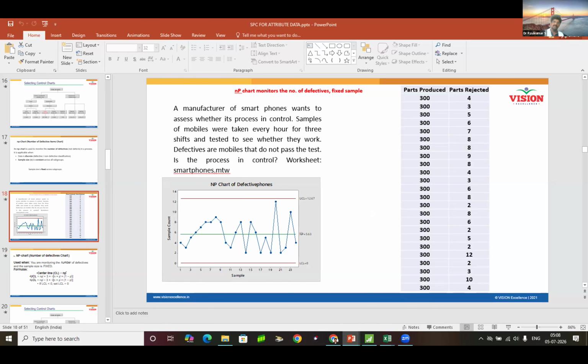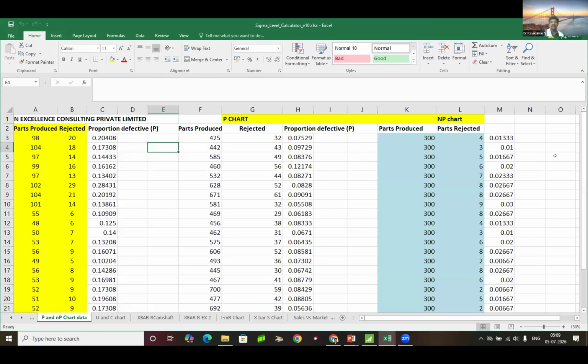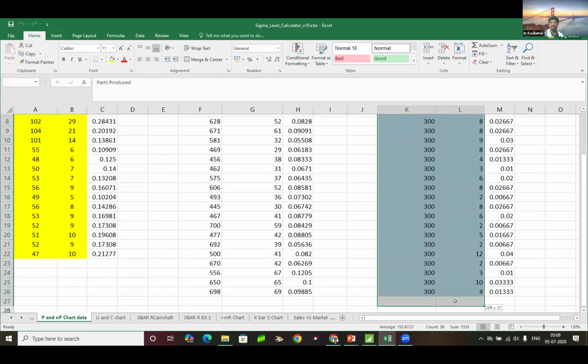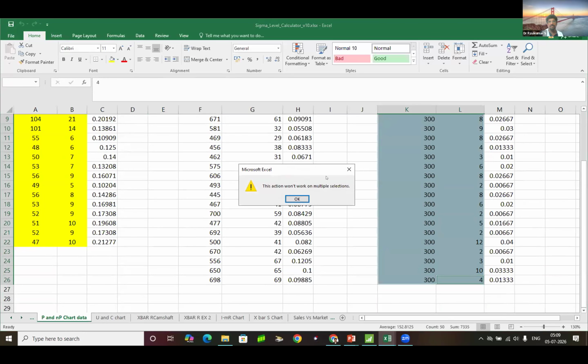So this is the sample size. All of you can check the Excel sheet which I shared with you. The last example, parts produced and parts rejected. You can copy that.